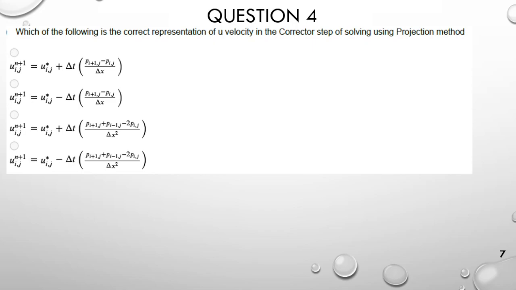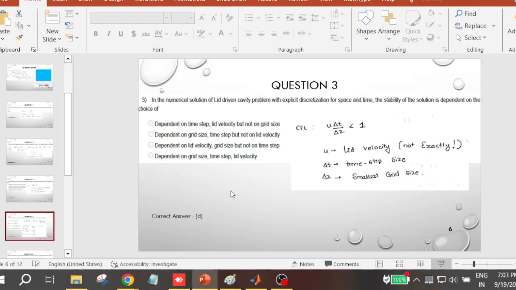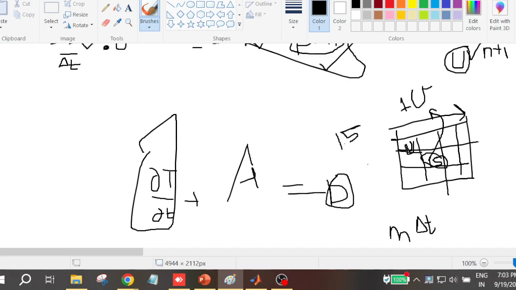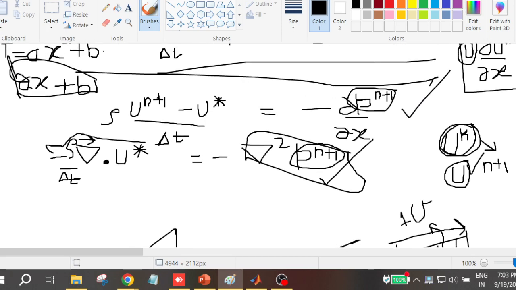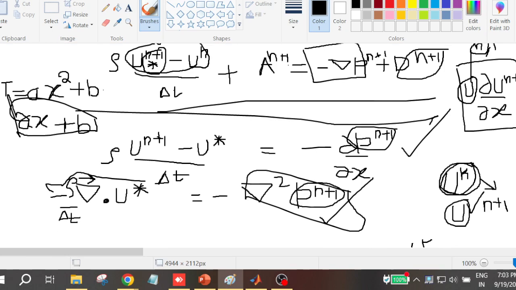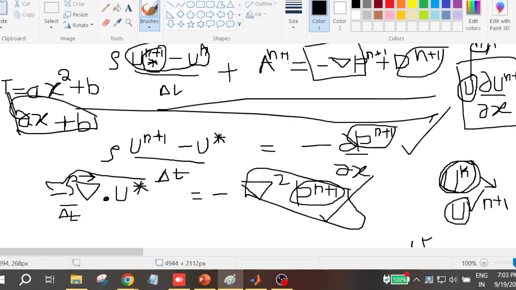Okay, I explained it just now. When I subtract these two equations, u^(n+1) minus u^n divided by delta t, and the other equation u star minus u^n divided by delta t, the u^n gets cancelled out.